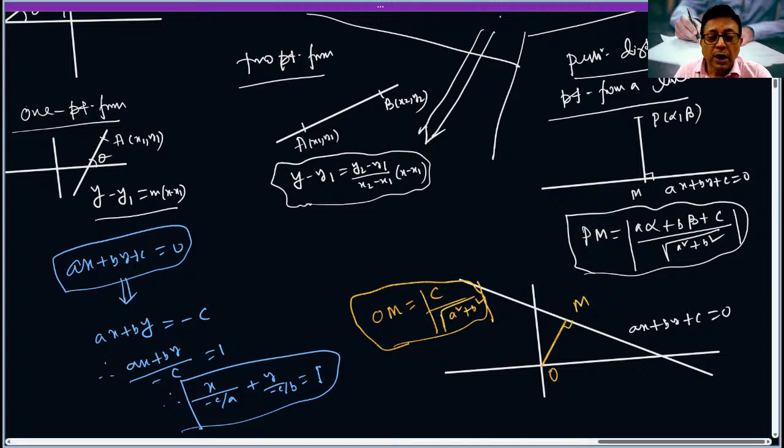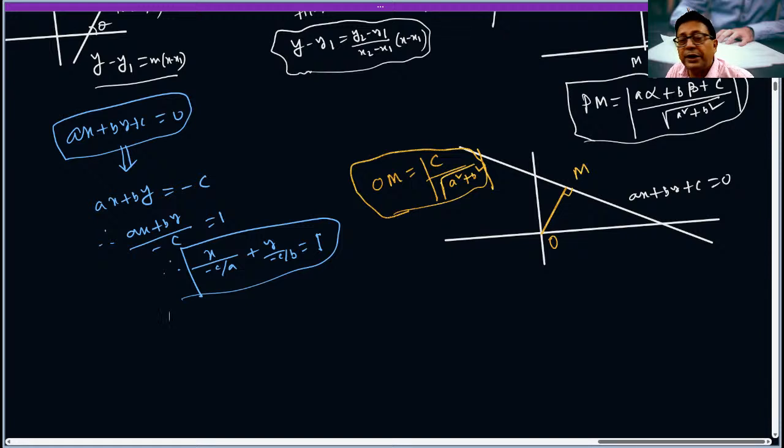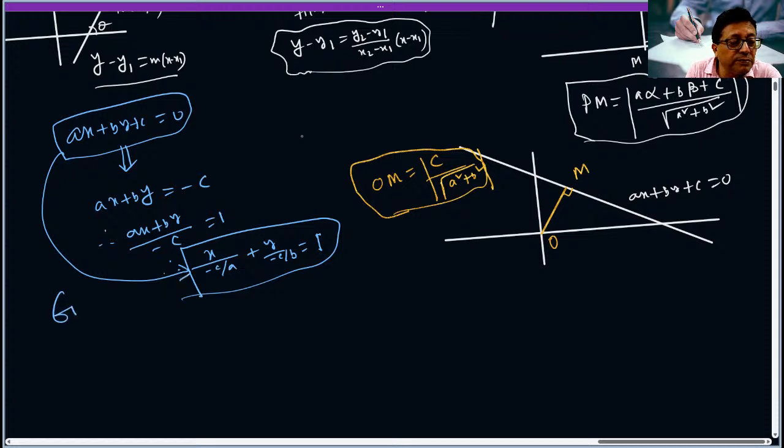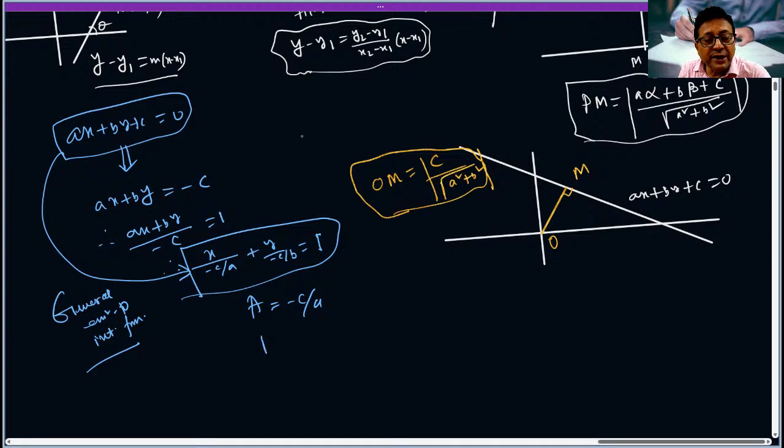Just to remind you, how to convert it into gradient form? This is general equation to intercept form. What are the lengths of intercepts here? Minus c by a and minus c by b. No problem in it.